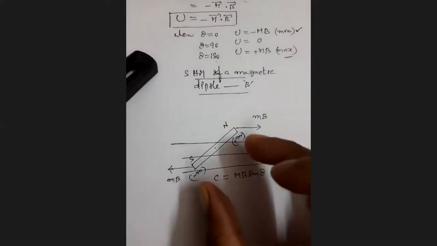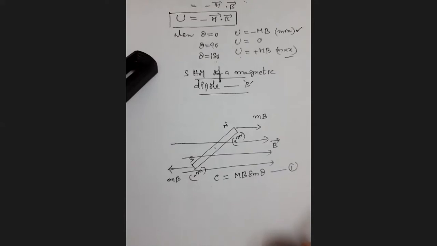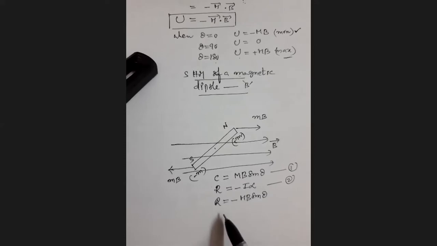Due to the deflecting couple, a twist forms in the silk wire, right? Then, due to the restoring forces, the restoring couple R equals minus I alpha, and we write R equal to minus MB sine theta in the equilibrium position. So in the equilibrium position, the restoring couple is equal to the deflecting couple.